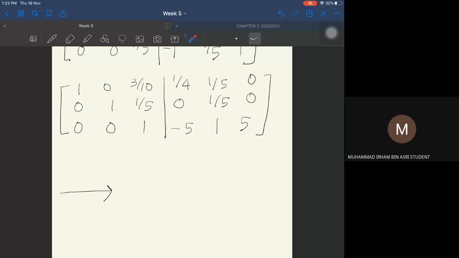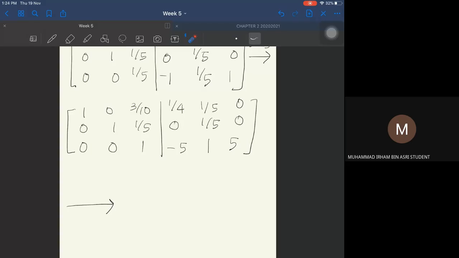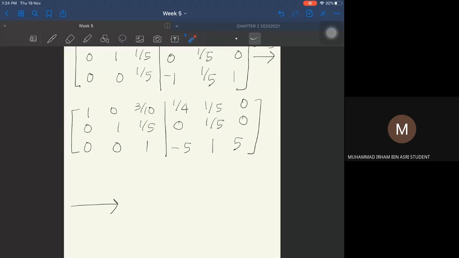R3 sama dengan R3 tolak 3 per 10 R1. Dia nak buat R3 sama dengan R3 tambah R1.